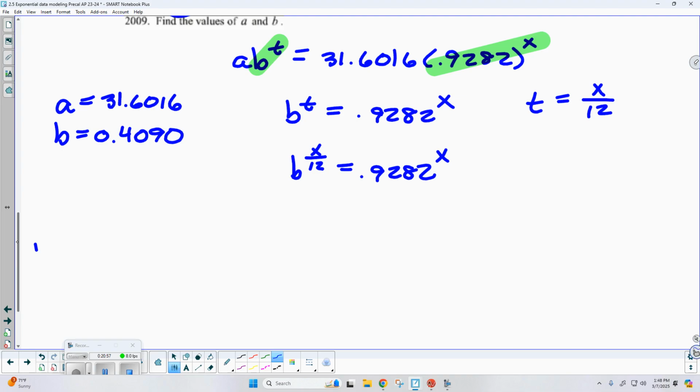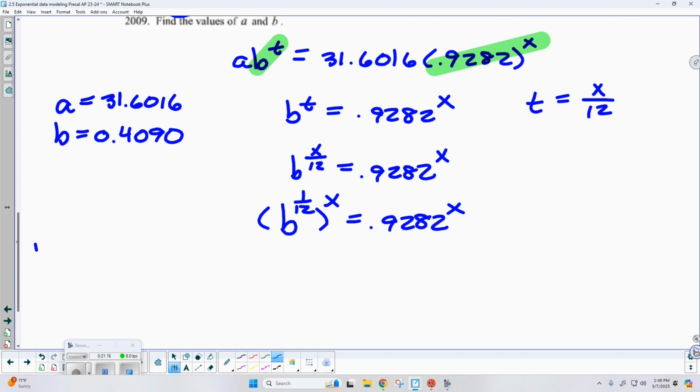Okay. So you want me to rewrite this as B to the 1/12 to the X power? Or did you say the reverse? It doesn't matter? Okay. So 0.9282 to the X.